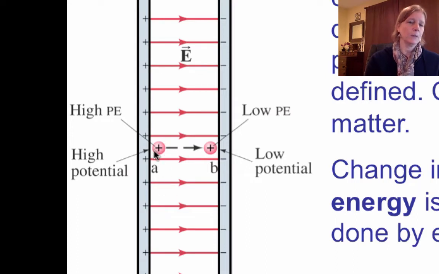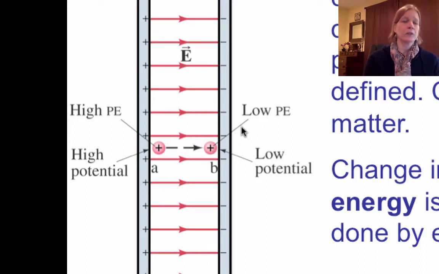Let's say we drop it here at position A near the positive plate. We know if we put two positive charges near each other, they're going to repel. That's a region of relatively high potential energy. If we move the charge down here to position B, then it's close to the negatively charged plate. A positive charge, under natural forces, will move towards the negatively charged plate.